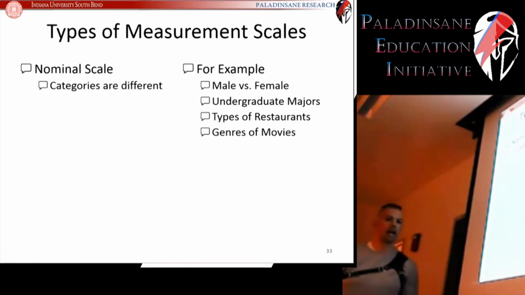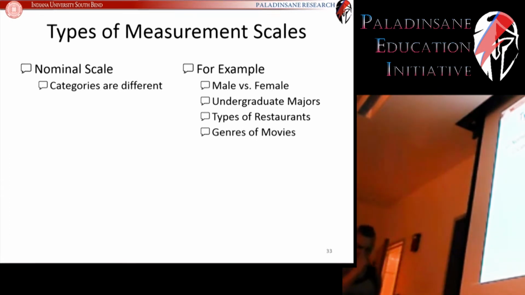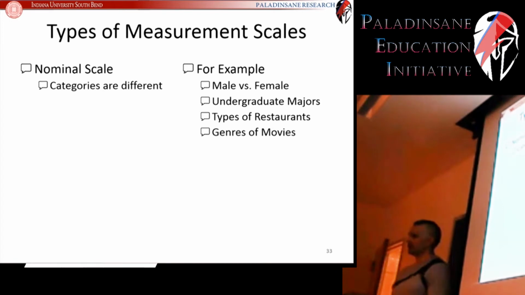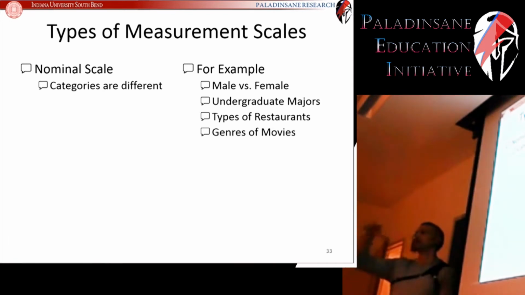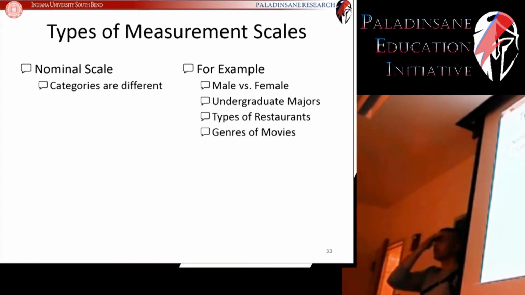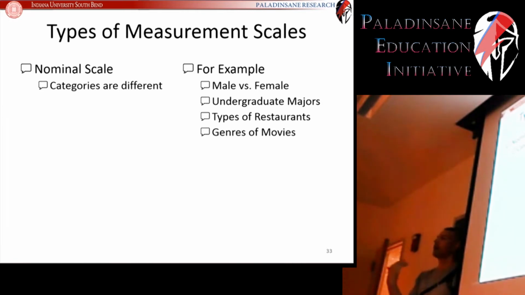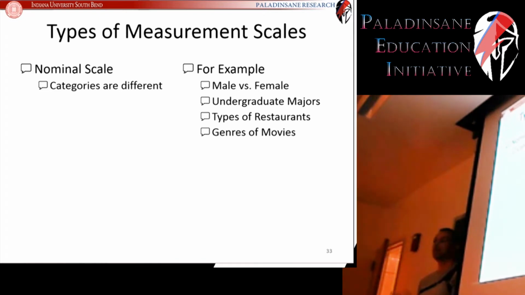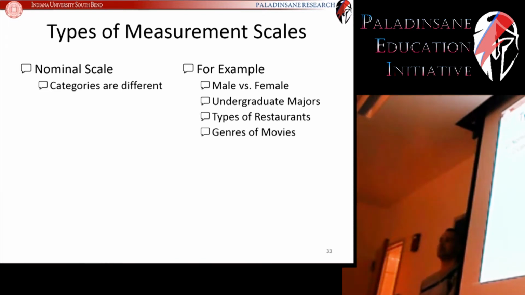And then the last one, genres of movies. You can have a horror movie, you can have a romantic comedy, you can have an action film, and despite what you might think of one of those genres, you cannot argue that one of them is less movie than the other. For example, Martin Scorsese literally just came out and said that the MCU isn't real movie making, right?